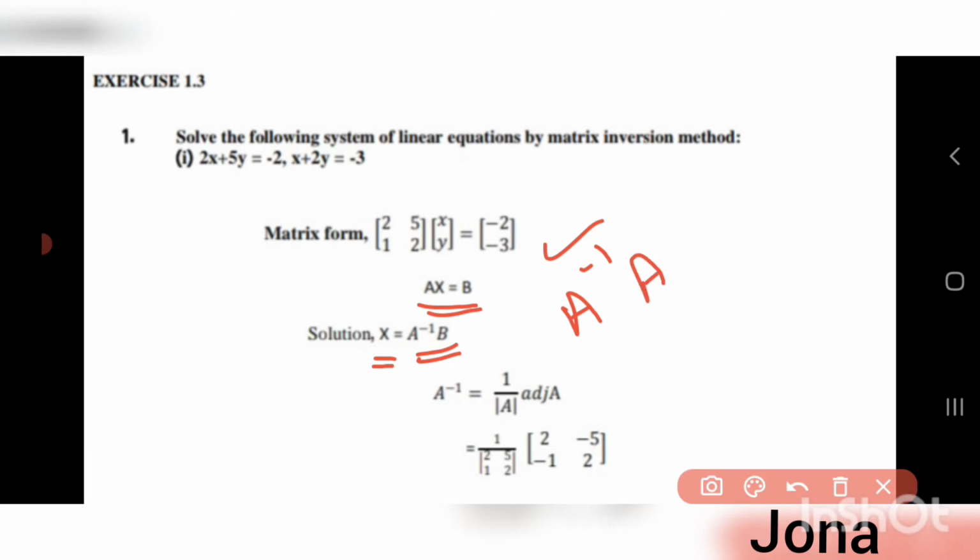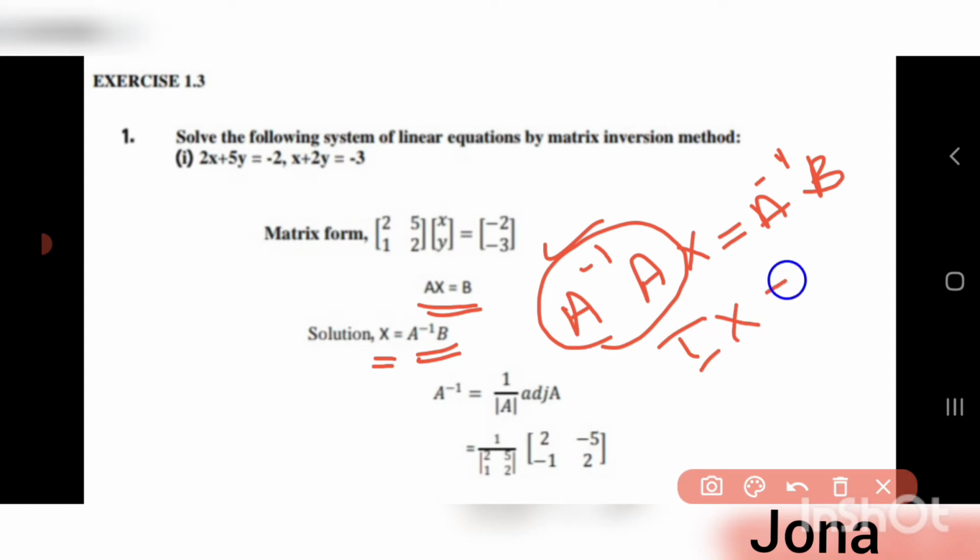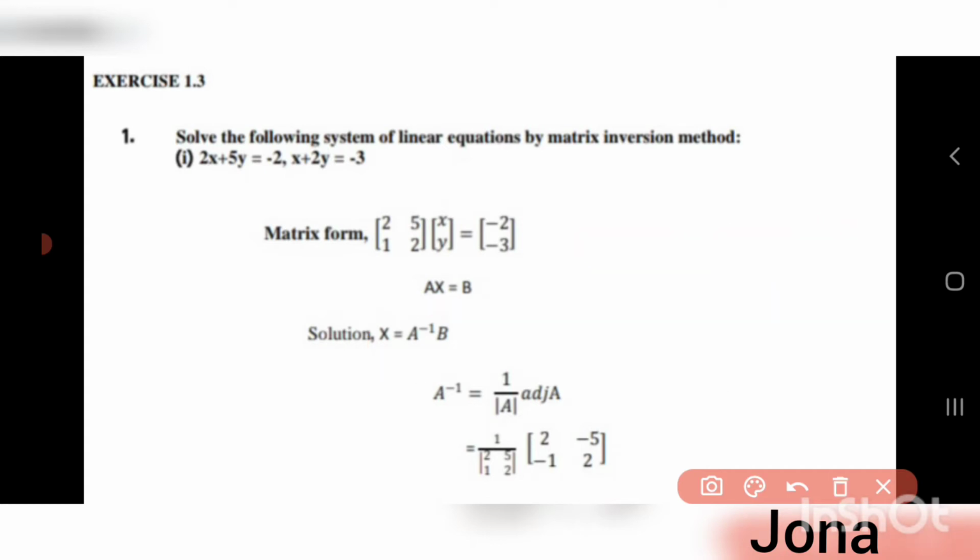A inverse into A into X equal to A inverse B. So here A inverse and A becomes I, so IX equal to A inverse B. So it's nothing but X equal to A inverse B. That is the solution we want to find here.